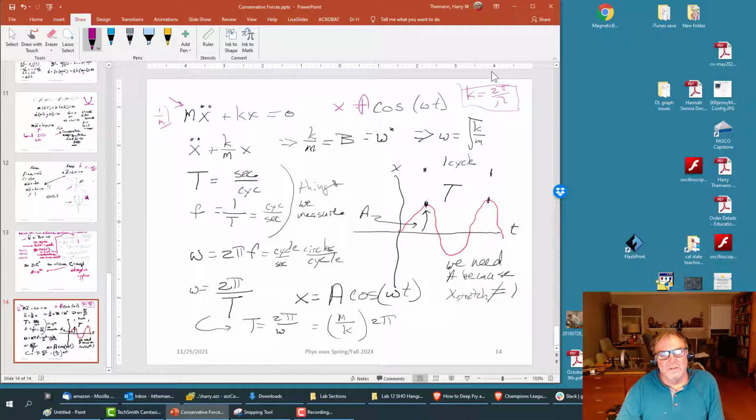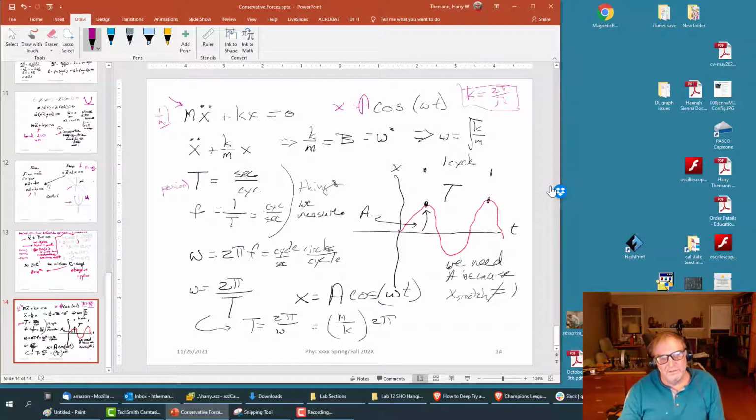Remember, this is the time axis, and this is the x-coordinate. We define the time for one cycle as capital T, and we call that the period. Since it's seconds per cycle, if we take the inverse, we get cycles per second. So how many times in a second does something repeat?